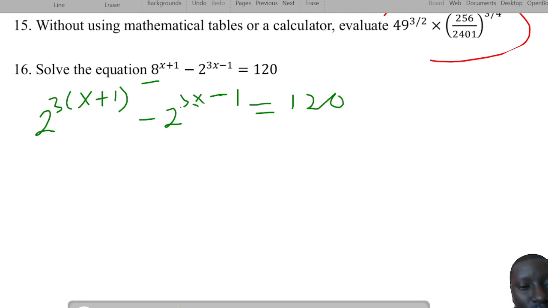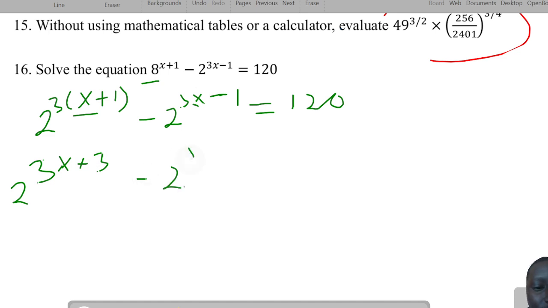I want to give you a clue on how to go about it. So when you open this bracket here, you have it as 2 to the power of 3x plus 3. Then this one minus 2 to the power of 3x minus 1 equals 120.